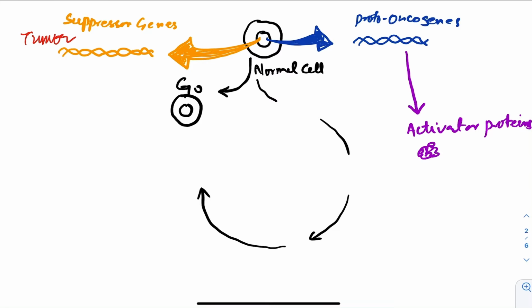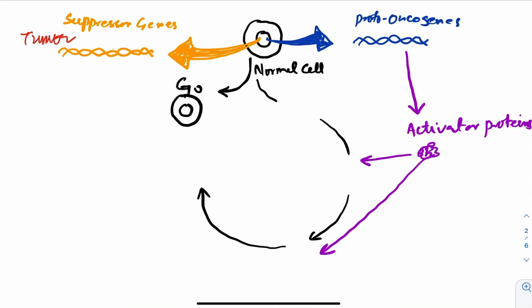These proteins control the progression of a cell through the different phases to finally undergo the cell cycle and divide into two cells.